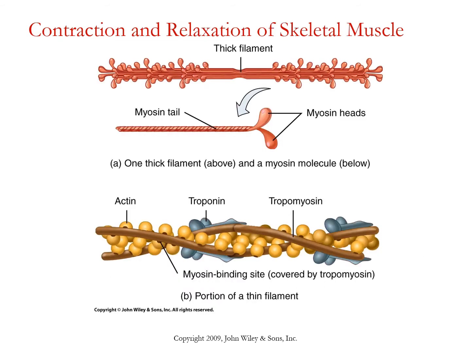So here we have diagrams of the myosin made up again of a tail and two myosin heads. The myosin heads bind to specific sites on the actin proteins in the thin filaments. Again, the actin is covered by tropomyosin protein strands in a relaxed muscle. When signaled to contract, calcium that is released from the sarcoplasmic reticulum into the sarcoplasm binds to troponin.